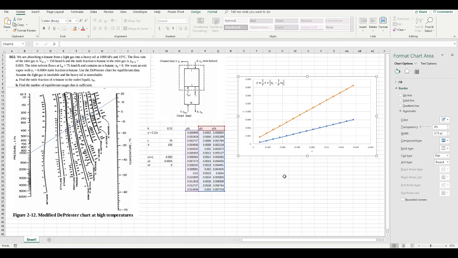And there we go. In an absorption problem, the operating line is always going to be above the equilibrium line, and that's what we have. So that means that we've calculated it correctly.